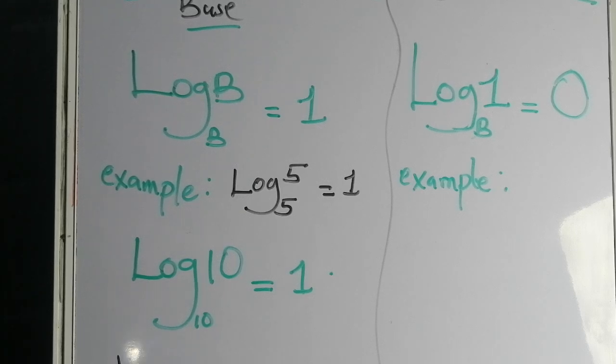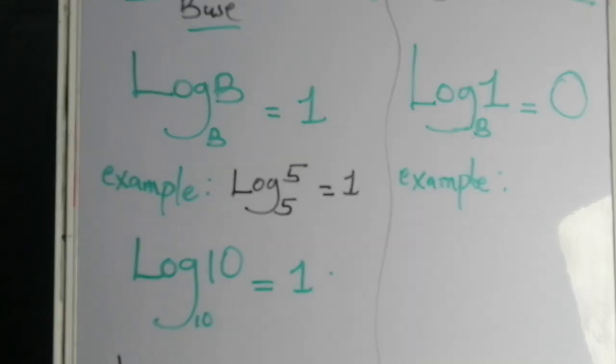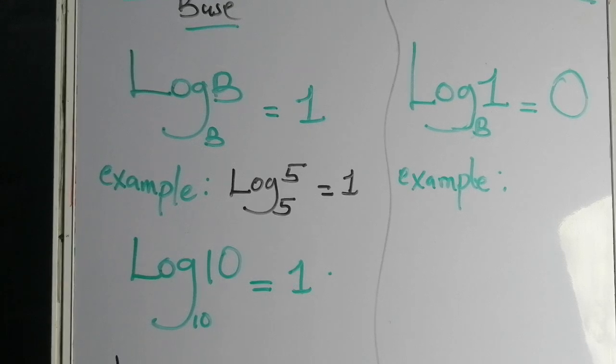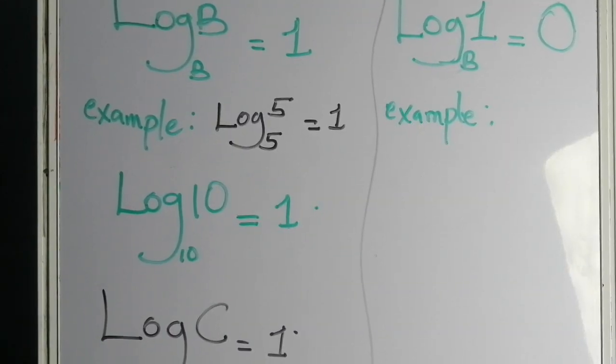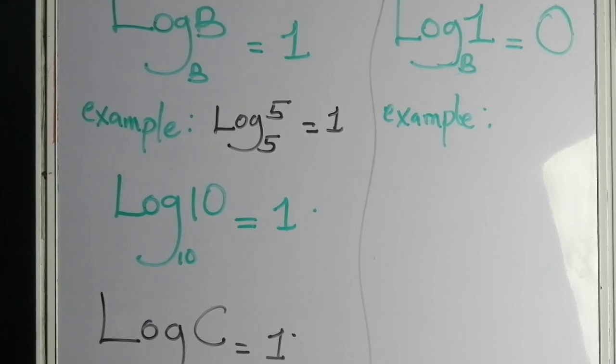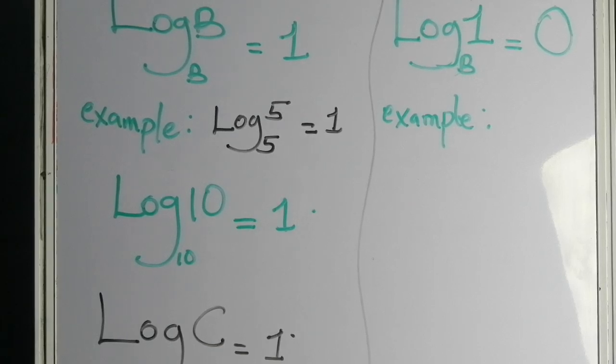Then we also have the other part, number 6, that is logarithm of 1. Number 5 is very straightforward, and for number 6 we also have logarithm of 1, which is very important.